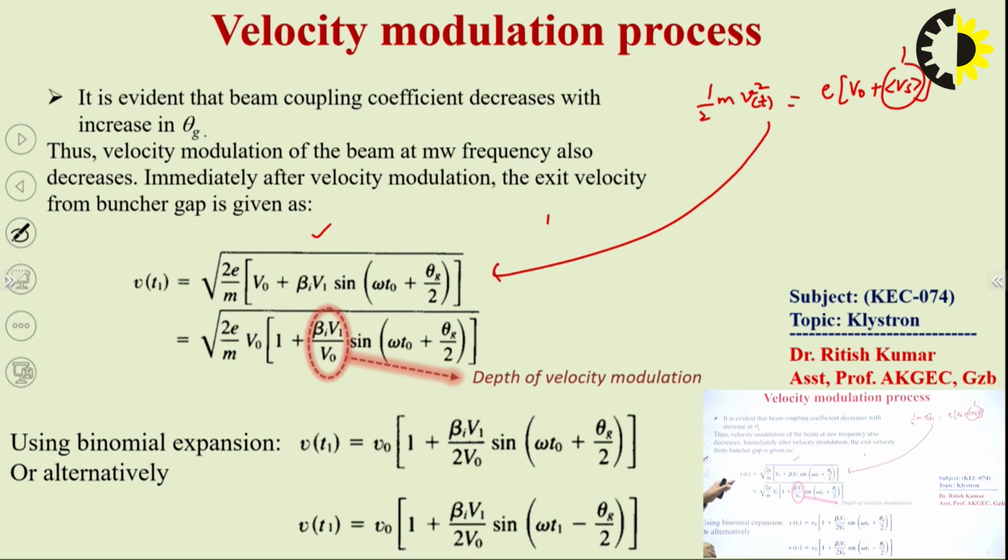So this is the modulated velocity of the electron. This is the modulated velocity of the electron.